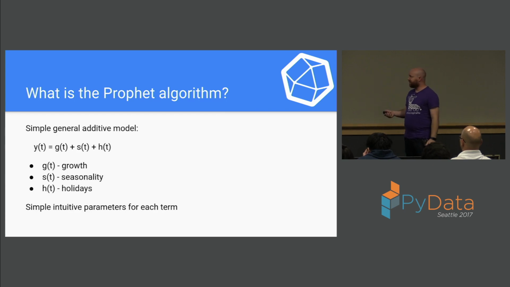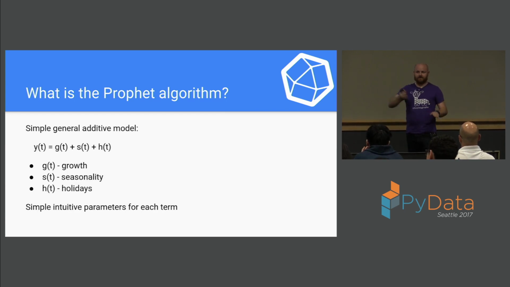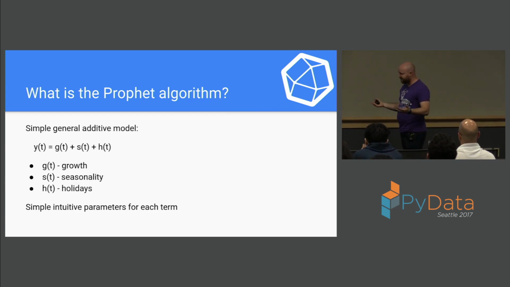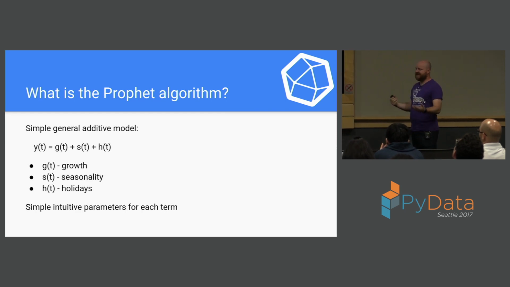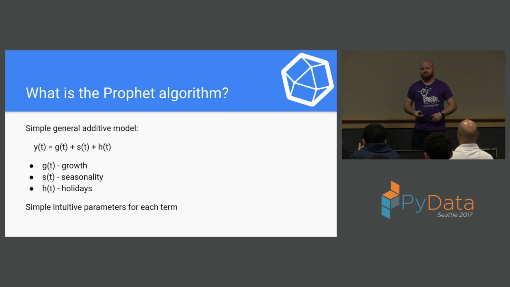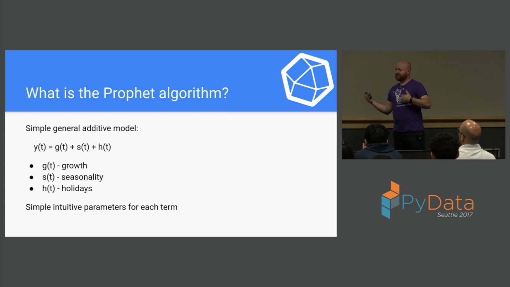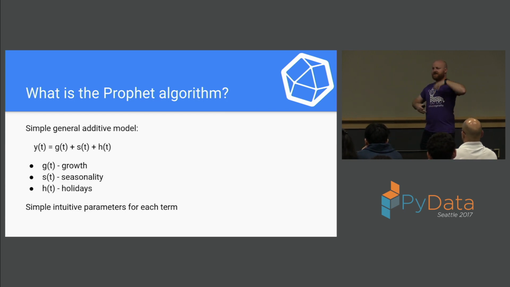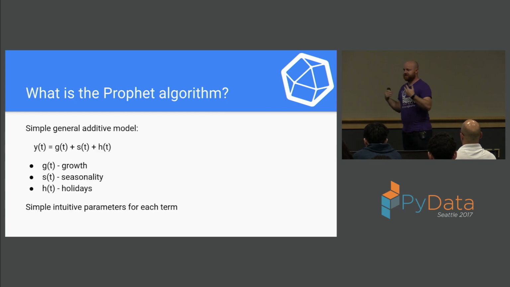The first term is a growth term, and it just predicts the overall trend up or down of whatever series you're forecasting. The second term was a seasonality term. The domain in which this algorithm tends to work well is business metrics, for example, things that have daily cycles or weekly or monthly or yearly cycles.